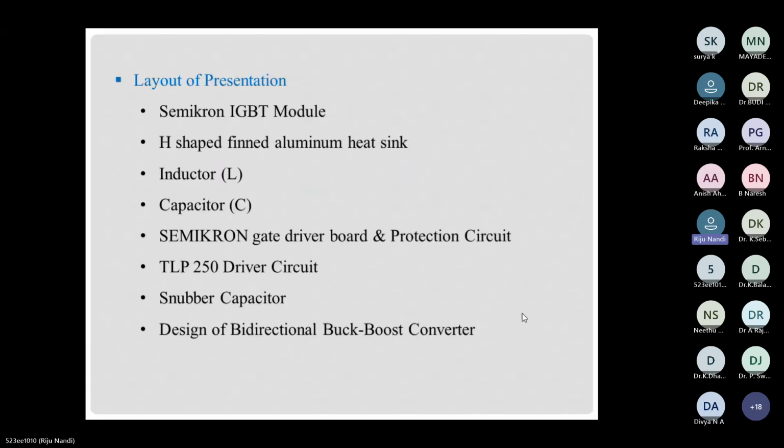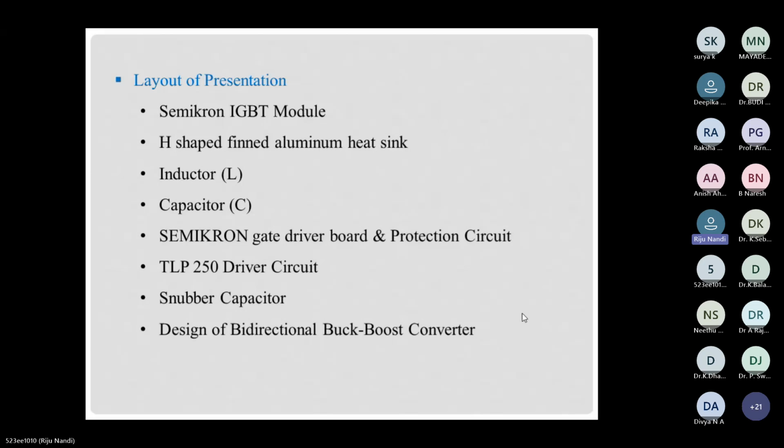The layout of the presentation is: Semikron IGBT module, the switch I have used for the designing purpose. Also A-shaped finned aluminum heatsink for the cooling purpose. Third is the inductor.